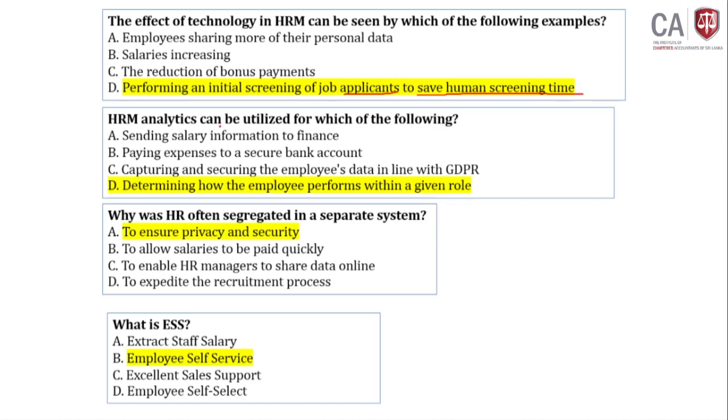HRM analytics can be utilized for which of the following? Determining how the employee performs within a given role. So, how the employees perform within a given role is measured. That is what HRM analytics can be utilized for.